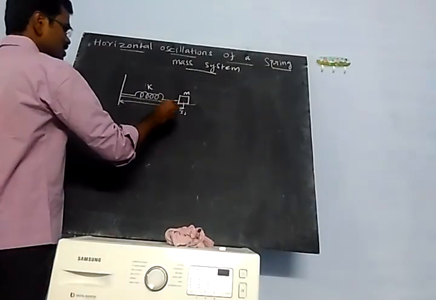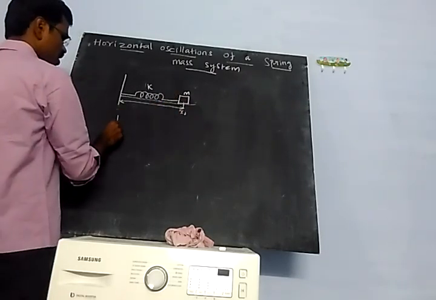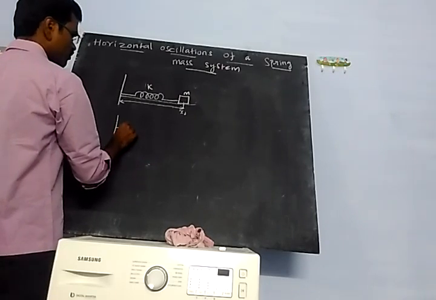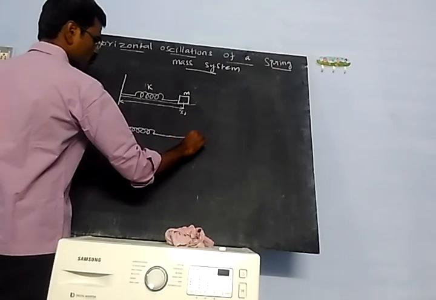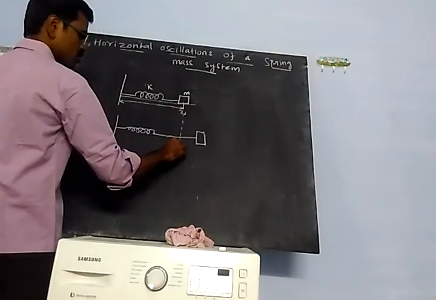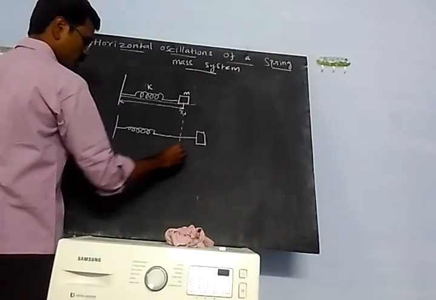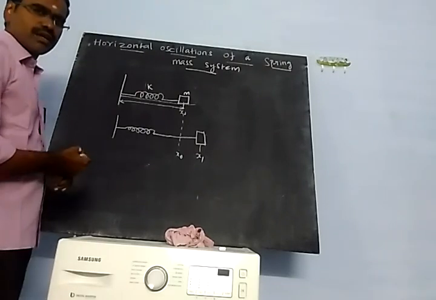Now one force is acting, that is the restoring force, on any one side. This place is x naught and this place is x1.